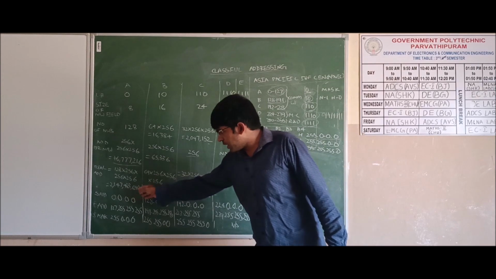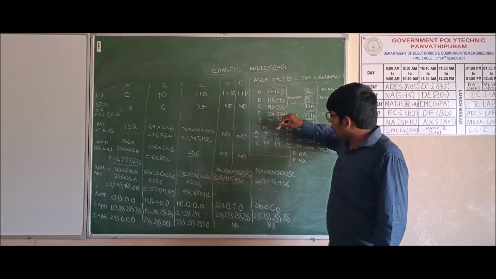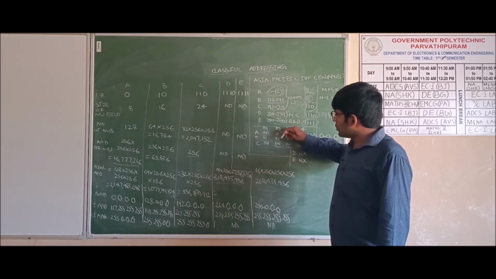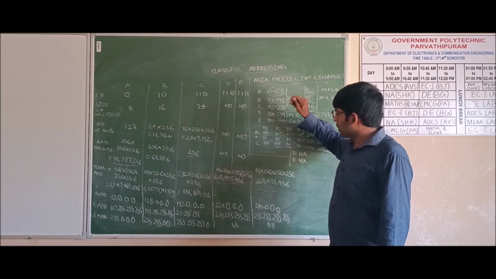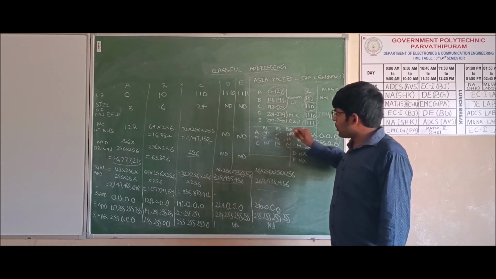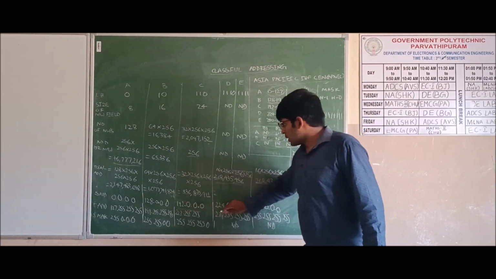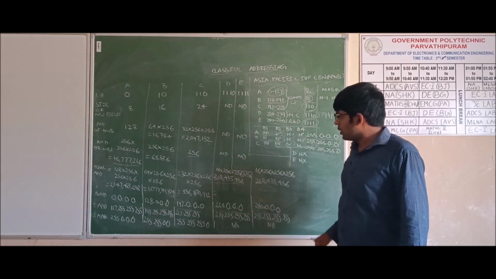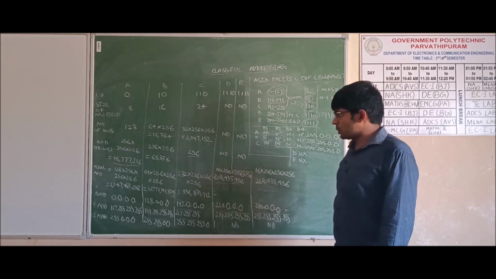Starting address of class A 0.0.0.0, class B 128.0.0.0, class C 192.0.0.0, class D 224.0.0.0, class E 240.0.0.0.